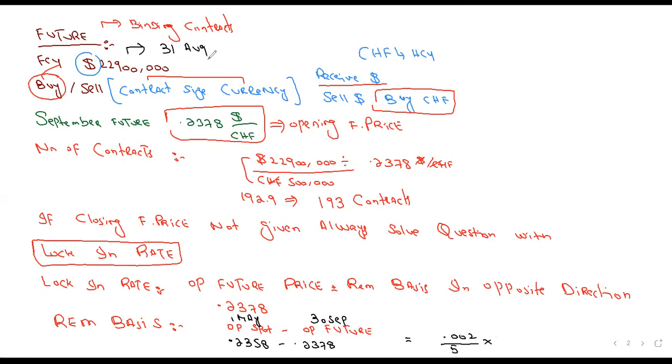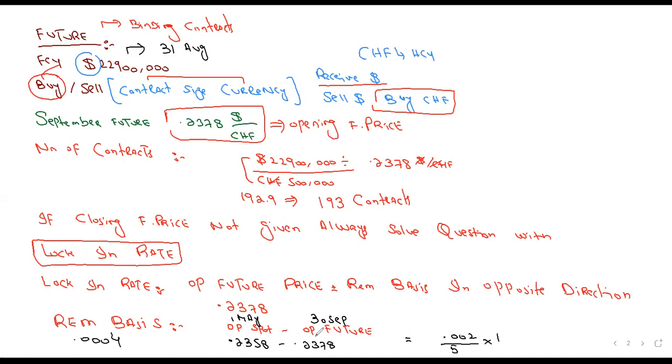So how many months are left from August to September? 1 month. So what will be your remaining basis? 0.0004. Now check the trend. From 1st May to 30th September, it is increasing, from 0.2358 to 0.2378.